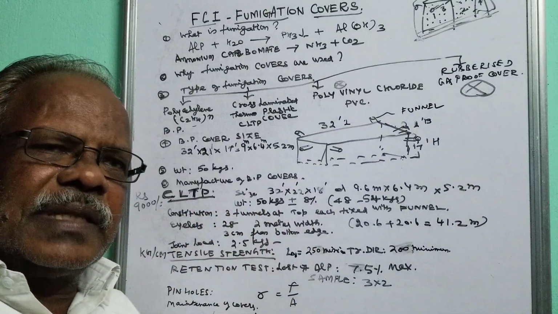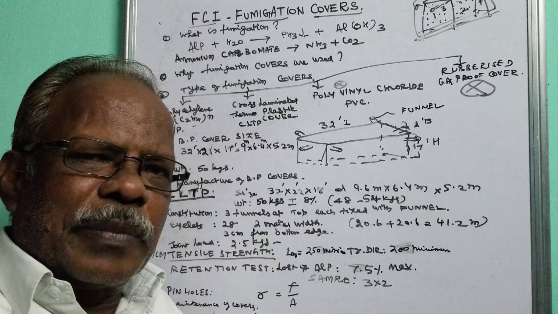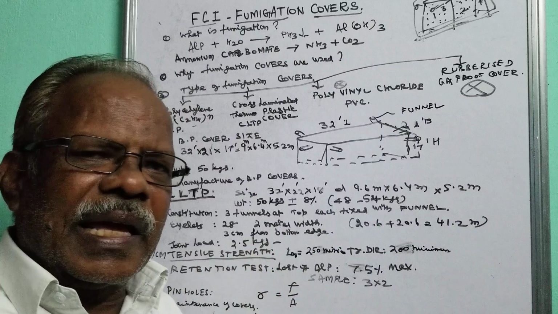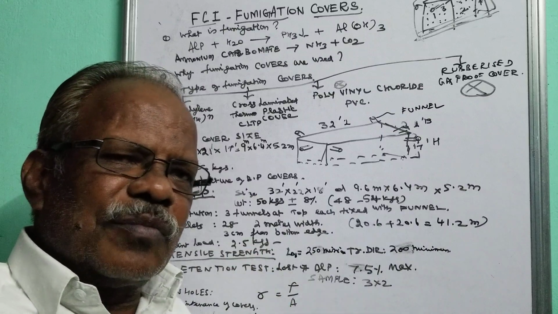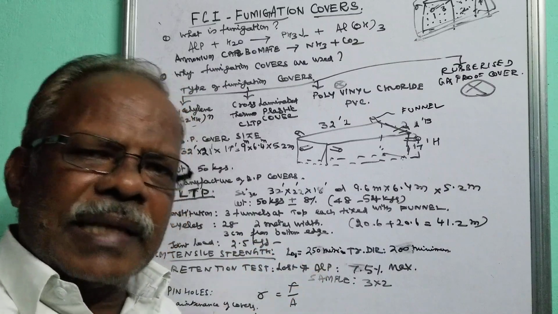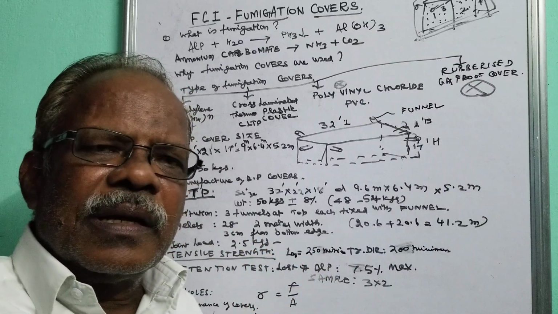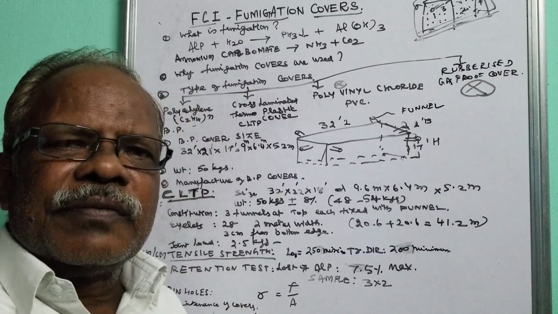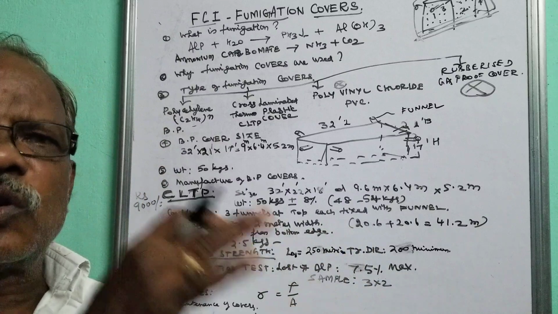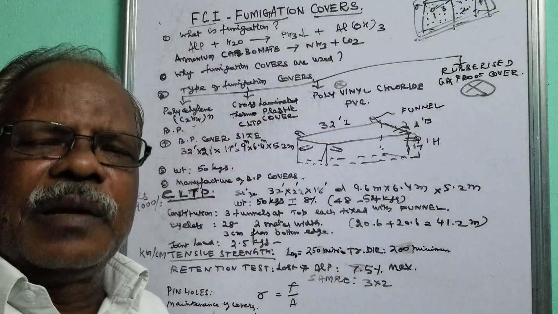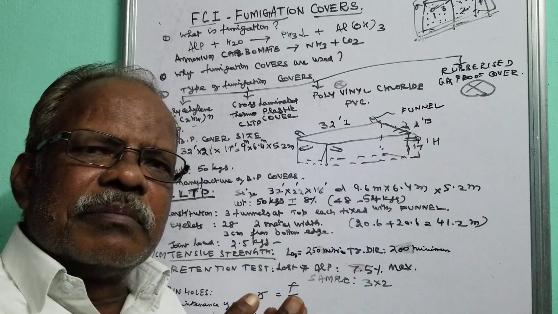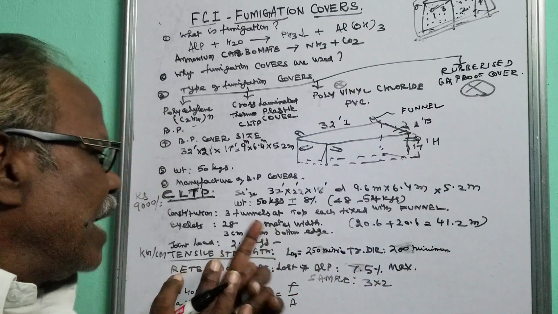Now, cross laminated thermoplastic. Cross laminated means there will be three layers: top layer, inner layer, and middle layer. The middle layer will have some roughness in nature, and that is produced by a rubber roller which has some rough margins, and that is rolled over the middle plastic sheet, and all the layers are made into a sandwich.